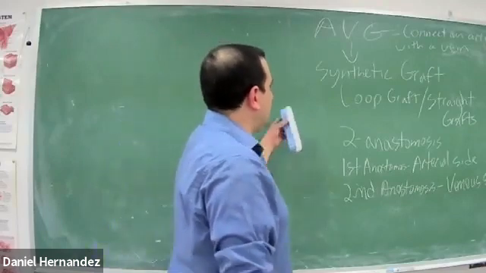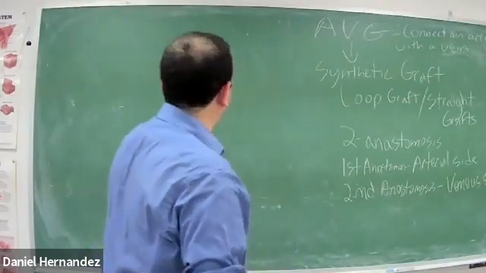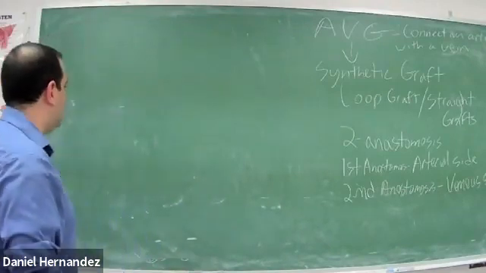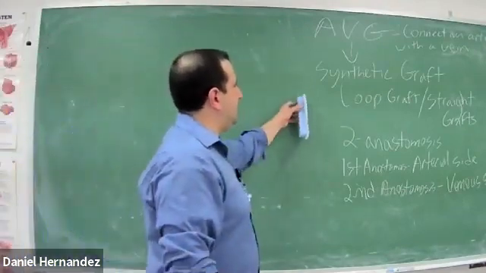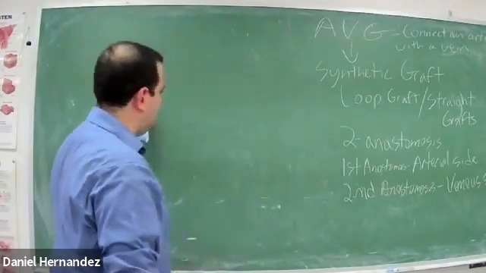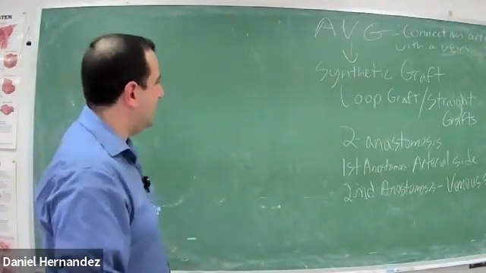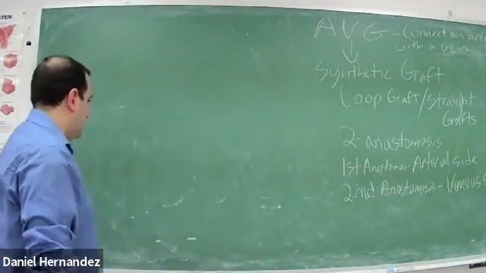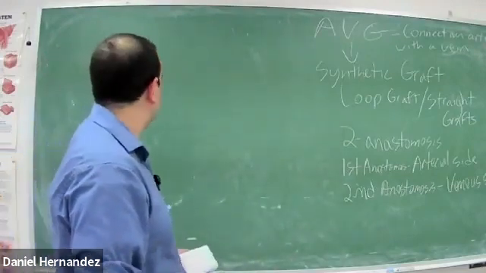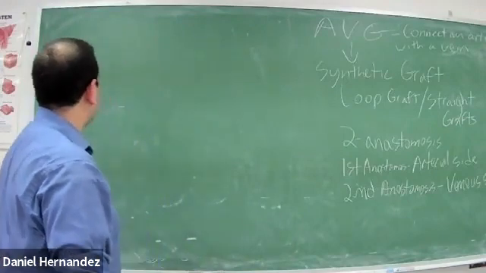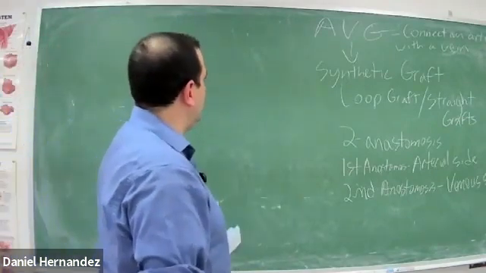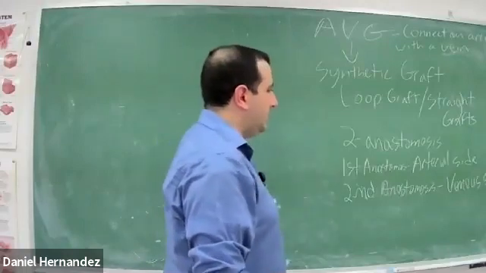We typically do synthetic grafts when fistulas aren't an option. If we've done the vein mapping and the vessels don't look good, they'll go to a synthetic graft option, or if they've had fistulas and they've failed in the past, we may only be left with the option to do a graft. So the vessels, remember, we needed a slightly larger vessel if we're using a graft.